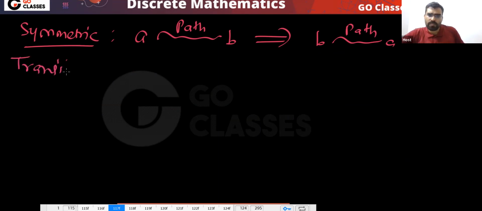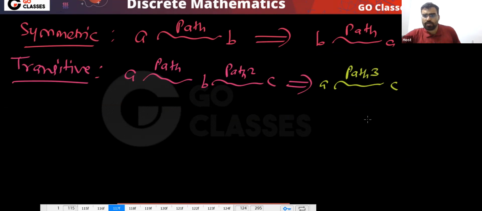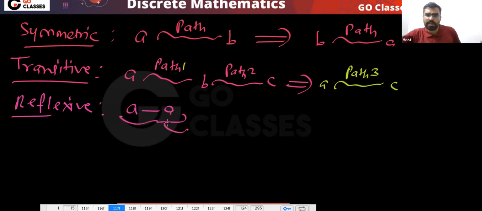This is transitive also, because if there is a path from A to B and another path from B to C, then I can definitely say there is some path from A to C. And this is reflexive also, because there is a trivial path from A to A, a path of length 0.